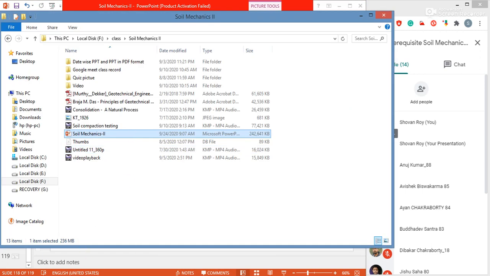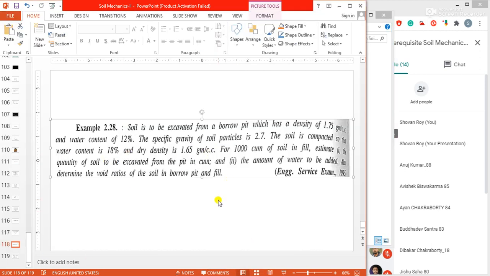Soil is to be excavated from a borrow pit which has a density of 1.75 gram per cc. What is a borrow pit?